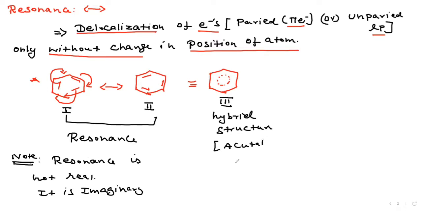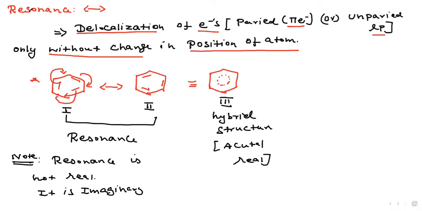Structures 1 and 2 are imaginary. We cannot find out the electron movement, like a pendulum moving in all directions slowly. Similarly, in organic molecules with pi bonds or lone pairs, the delocalization process is imaginary, not real. The hybrid structure is real.